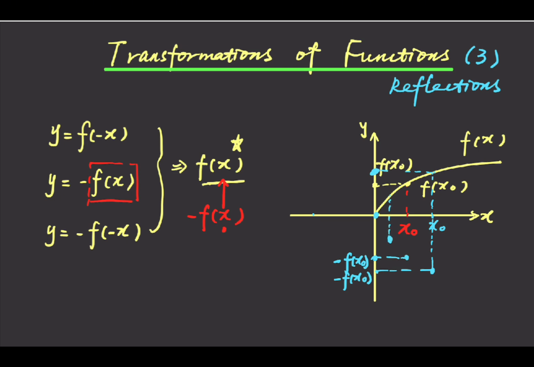So if you can locate several points on the new function, you can connect them one by one, then you can get this negative f(x). This is the new transformed function on the basis of the original function. We also say it's the reflection of the original function, but this time, this reflection is over the x-axis. But last time, the reflection is over the y-axis. It is f(negative x).